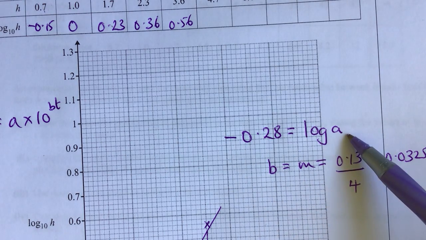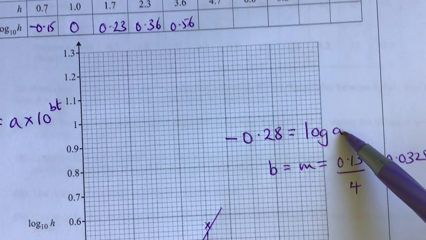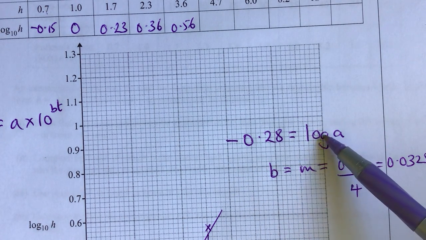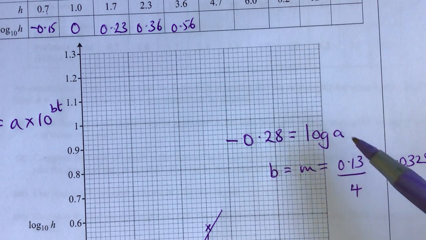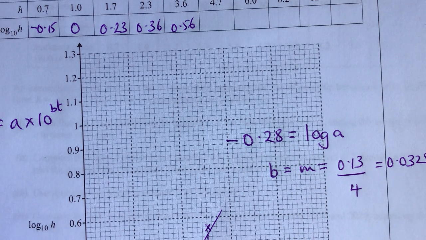Now I need to work out what a is. So if I've got log a is this, then what I need to do is what's called the anti-log, the opposite of log, to get that. So, clear my calculator, shift log, and I've got minus 0.28, which equals 0.52.